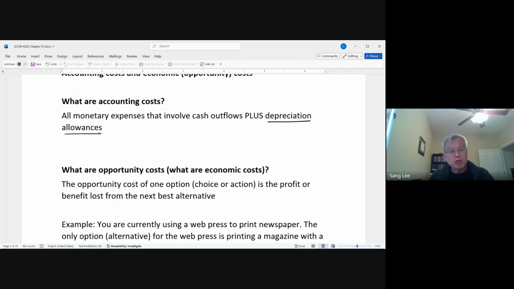Opportunity cost is typically a cost concept used by a decision maker. So the opportunity cost of one option, your choice, your action, for example, the opportunity cost of going on a spring break trip, is the profit or benefit lost from the next best alternative.